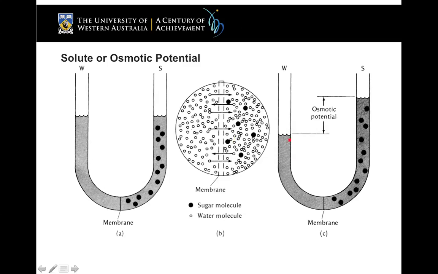Water flows through until it reaches a certain point where the weight of that water starts to press down against this concentration gradient, this osmotic potential, and then comes to some sort of equilibrium. The difference in the height of water we can measure as the osmotic potential that's given by the concentration of this solute. It could be sugar, it could be salt, it could be some other thing that has a concentration gradient.